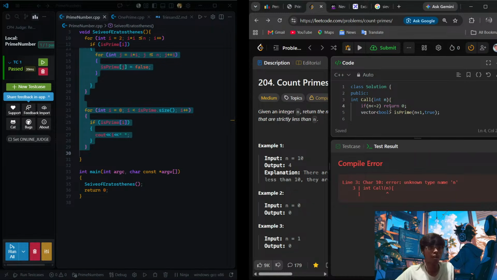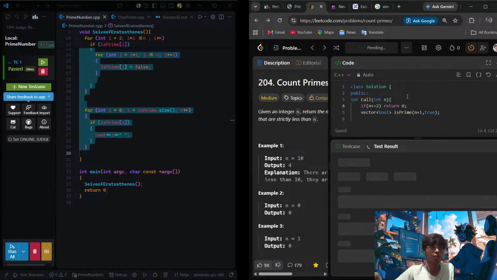If they ask for 2, I know that there is no prime which is less than 2. If I consider n equal to 2, then there is no prime strictly less than n. So I have to return 0, right?